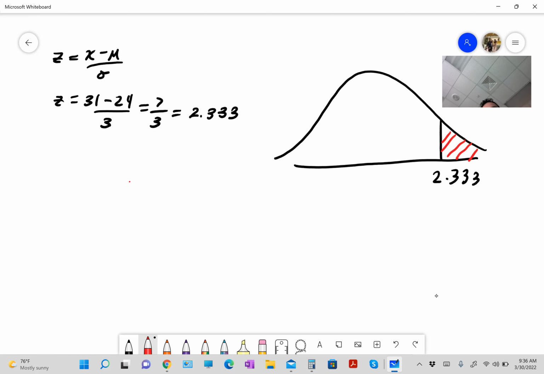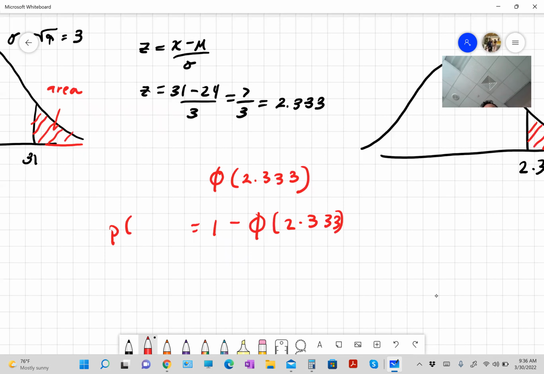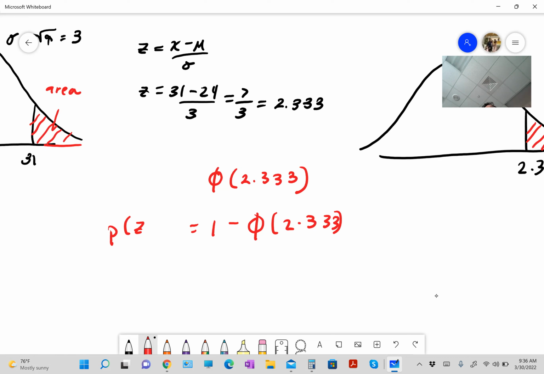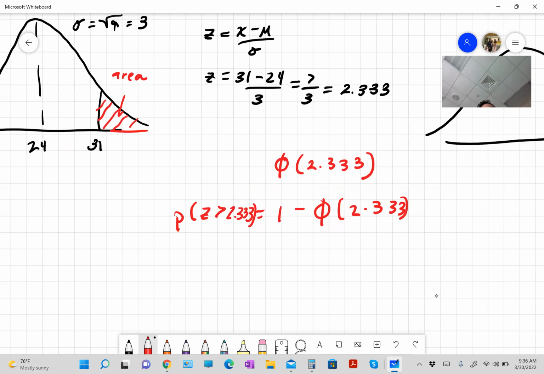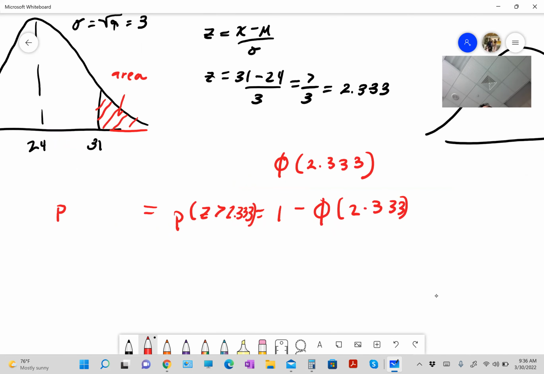So you want to find phi of 2.33, and then you're going to do 1 minus phi of 2.333 to figure out the probability of z being greater than 2.333, which in turn equals the probability of x being greater than 31.